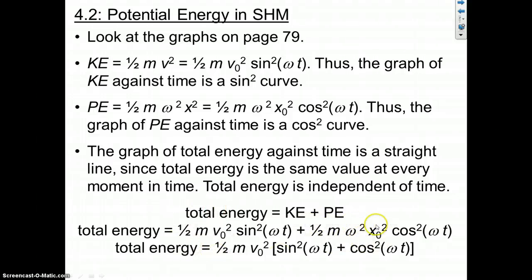It's not written as m v0, but we know that omega squared times x0 squared is v0 squared. So total energy is just 1/2 m v0 squared times the sine squared plus cosine squared. And of course, sine squared plus cosine squared is 1. So yes, plugging these in and adding them together gives what we previously thought total energy to be.